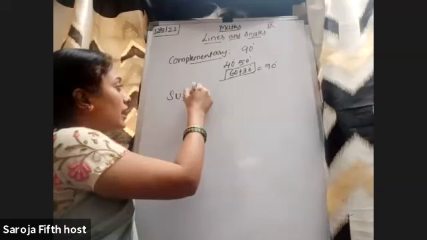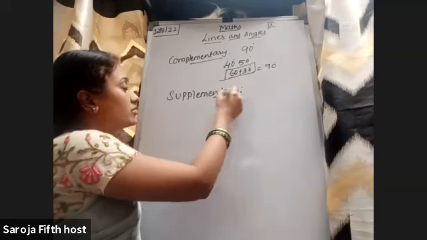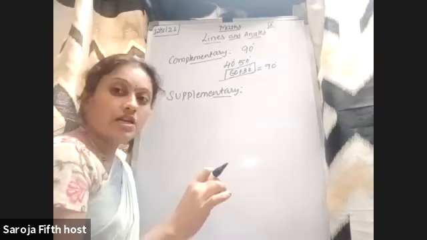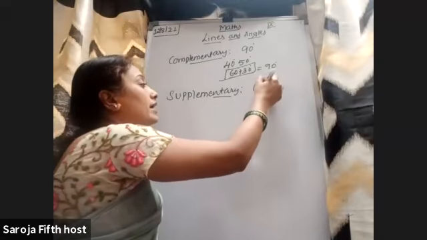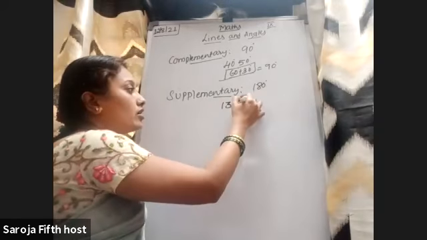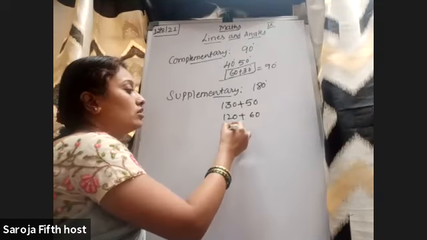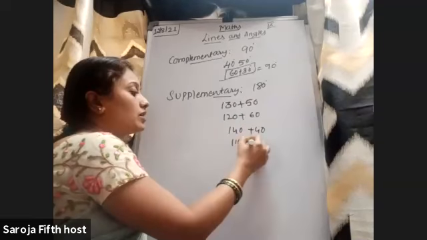Now supplementary angles. Supplementary angles are nothing but any two angles whose sum is equal to 180 degrees. So 130 plus 50, 120 plus 60, 140 plus 40, 110 plus 70.